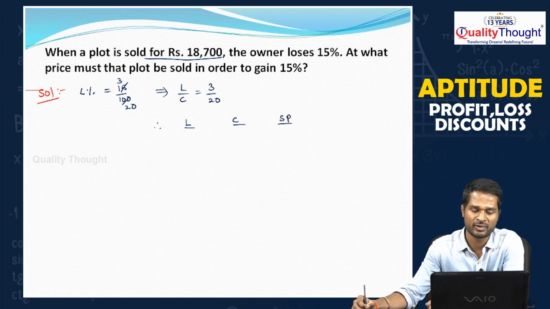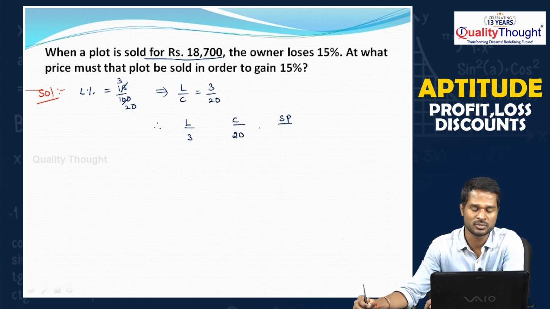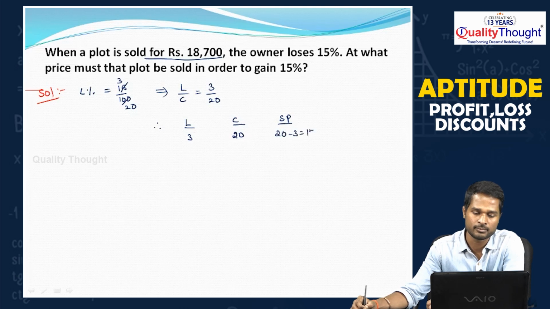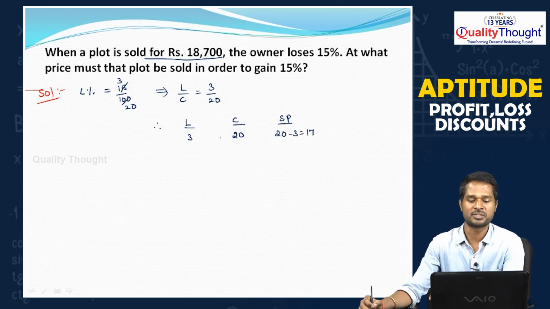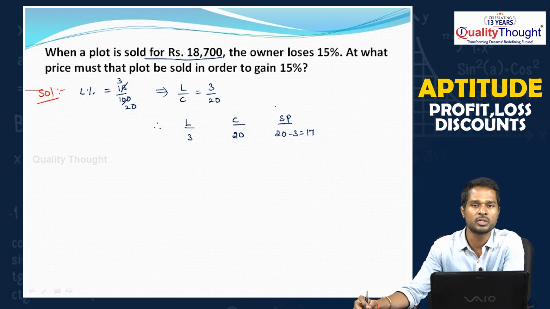So, loss is 3, cost price we got 20 parts, and selling price we have 18,700, but before that, when the loss is 3 and cost price is 20, the selling price will be 20 minus 3, that is 17. That means, I purchased something for 20 rupees and I lost 3 rupees. So, I sold it for 17 rupees.